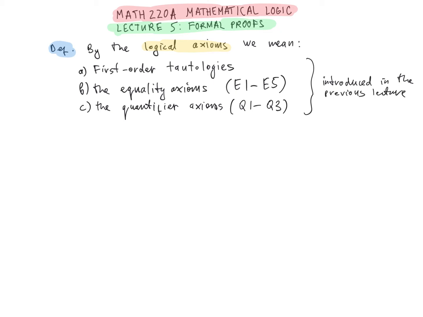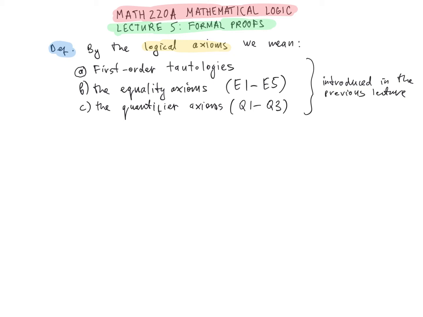So the formulas in group A, the first order tautologies, are those first order formulas that can be obtained from propositional tautologies by substituting some first order formulas instead of their variables.